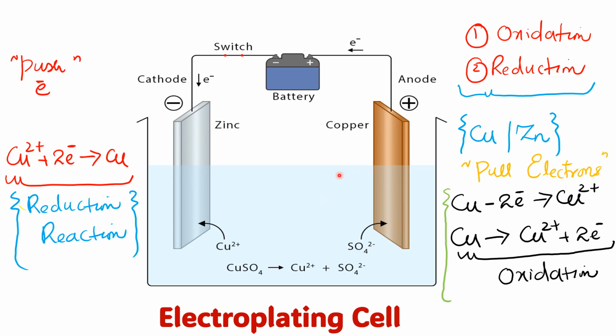The metal to be coated and the metal which will be coated are both inserted into the solution, but it is not possible to coat one metal onto the surface of another because both metals are stable in the solution.